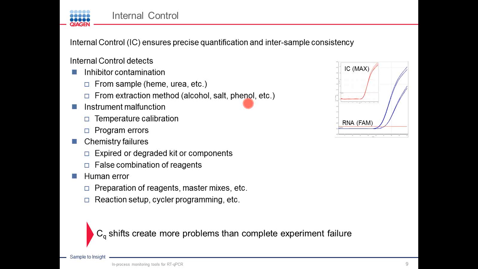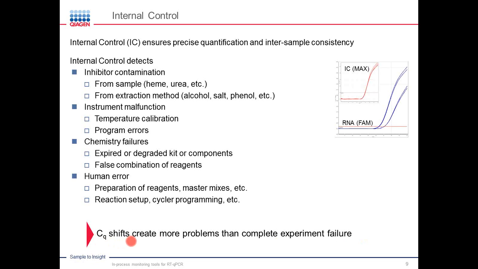And it may not always kill the enzyme completely, but it may just reduce the effectivity or the efficiency of the enzyme proportionally. And this is one of the worst things that can happen to a quantitative experiment, because a slight shift of CQ or CT may create even more problems to us than a complete failure of our experiment.